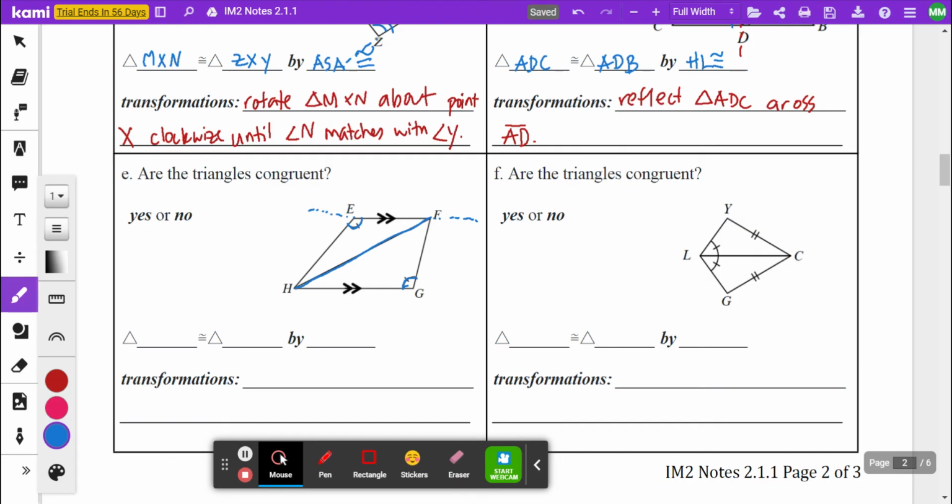See if I can make that more straight. Let me treat this as a transversal. Okay. I'm hoping to have alternate interior angles or something like that. And I do.